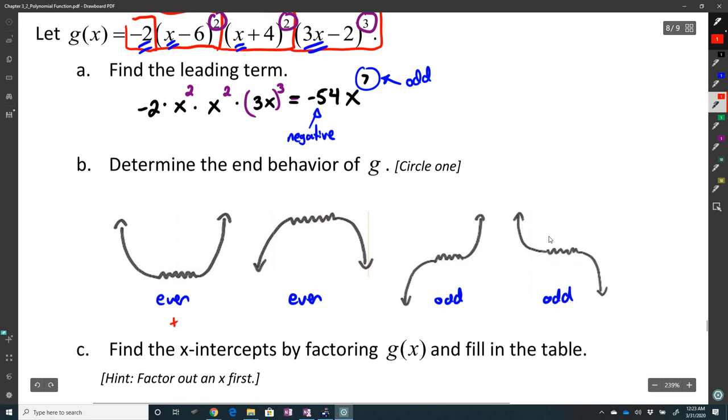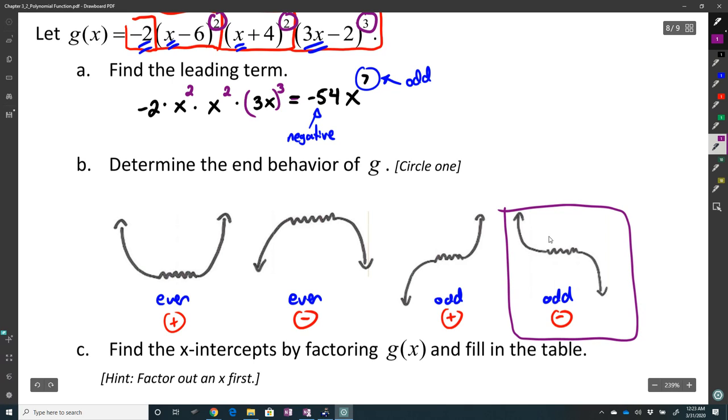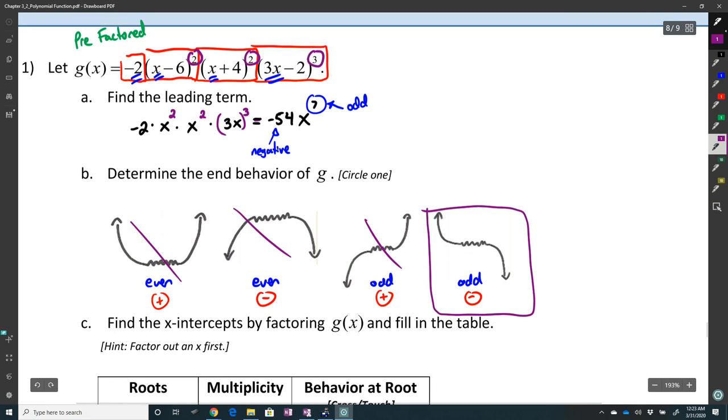This is a positive parabola. This is a negative. This is a positive. This is a negative. So it has to look like this picture. It can't be any of these three. So that's the end behavior. On the homework, they might write it as rises to the left and falls to the right.